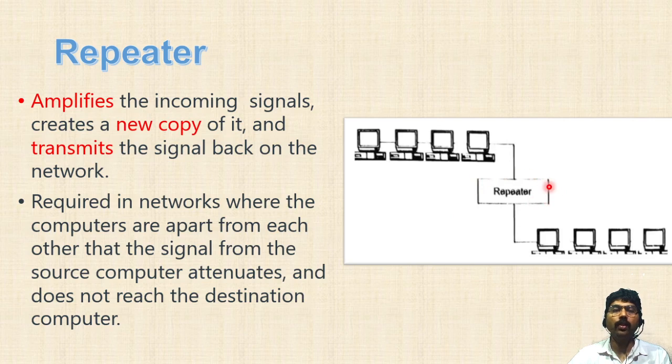This repeater is also an amplifier. It takes a signal from the input and generates a new copy of it. Instead of just amplifying, it completely creates a new copy of that input signal, which is the amplified signal, and sends it to the destination. Repeaters generally contain two ports, one for input and one for output.